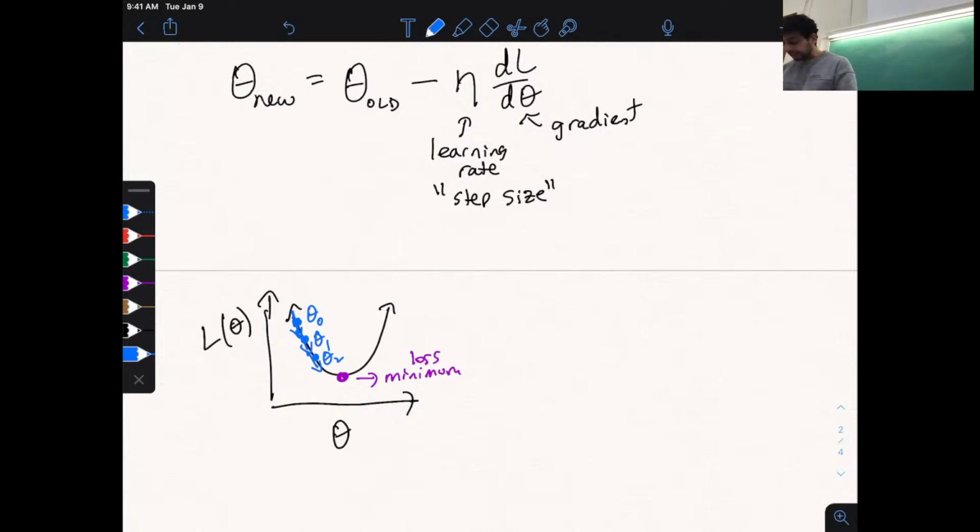But instead, I could end up over here, and actually my loss has increased because I overshot this minimum by going too far in the direction that I had computed. And so then I might have to compute the gradient again and take a smaller step, and eventually I might get back down to something close to the minimum.